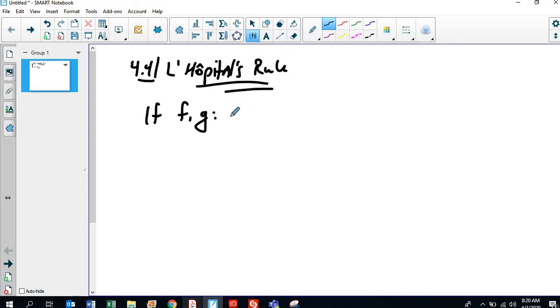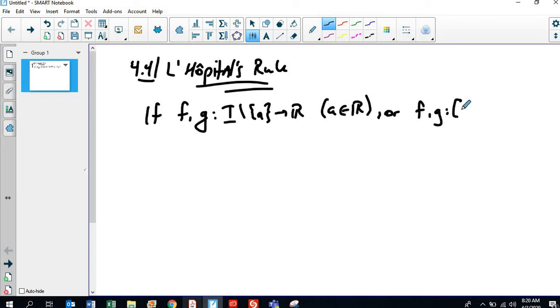If f and g go from I minus a into R, where a is some real number, or f and g are defined on some infinite interval, I'll call it b to infinity.